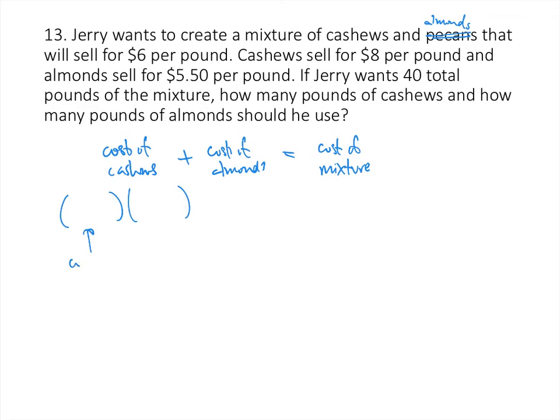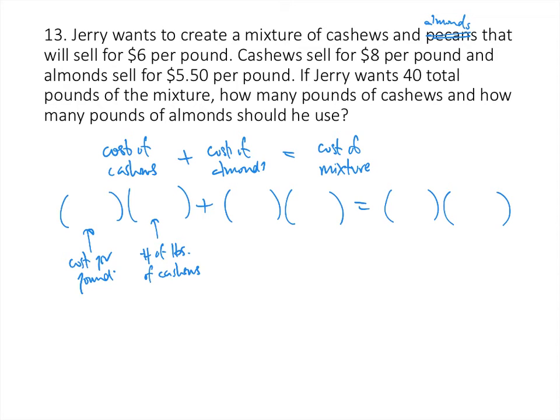It's the cost per pound of the cashews multiplied by the number of pounds of cashews. If I know how much each pound costs and I know how many pounds I have, I multiply those together to get the total cost. And I'm going to do that for almonds, and I'm going to do that for the mixture as well. Each of these is the cost per pound times the number of pounds.